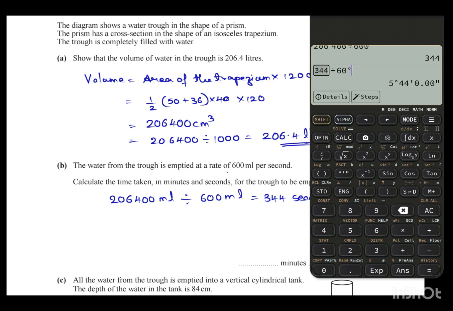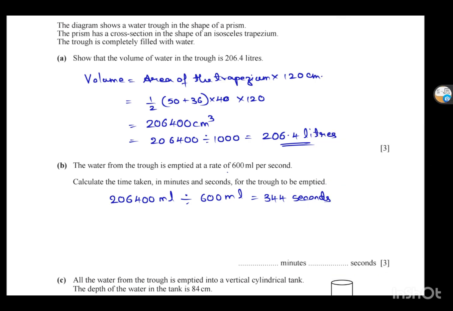Just press this button which is minutes, seconds and milliseconds. 5 and 44 has come, so it is 5 minutes 44 seconds. Question B is done.